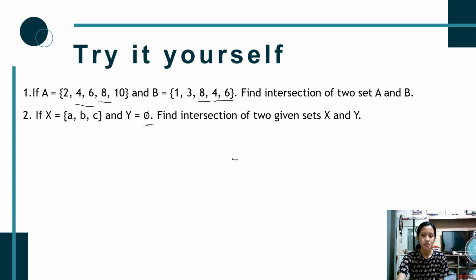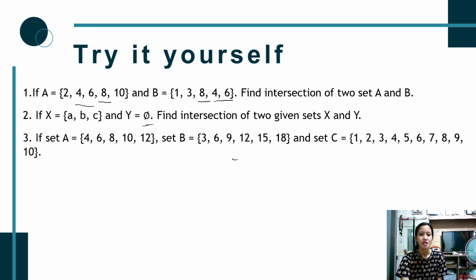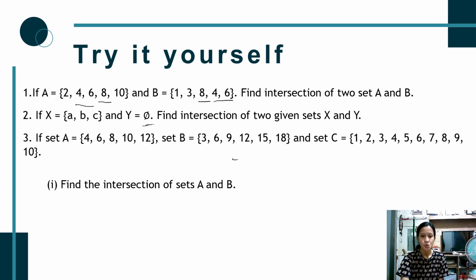Okay, what about our third example? Set A equals 4, 6, 8, 10, 12, set B is 3, 6, 9, 12, 15, and 18. Obviously, these are multiples of 3, multiples of 4, and the counting numbers from 1 to 10 for letter C. First, find the intersection of sets A and B. So A intersection B is equal to 6 and 12.